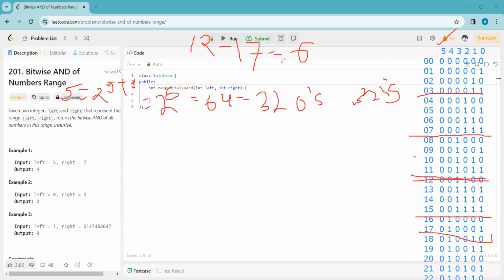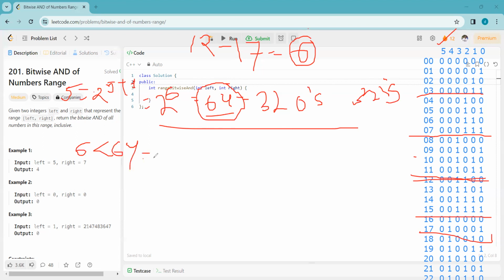So our actual range is 6, and for the fifth bit position, the pattern repeats after every 64 numbers. That means since 6 is less than 64, we can't say whether it will be 0. Now we will see.